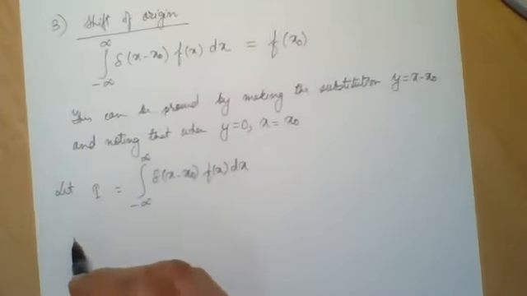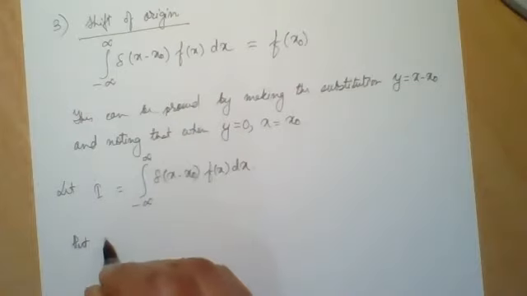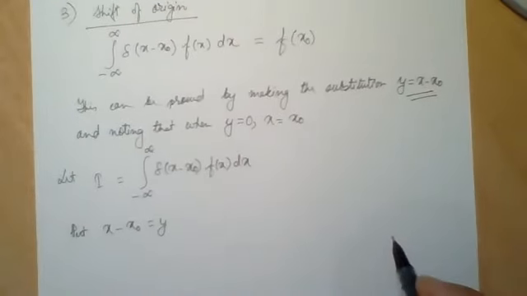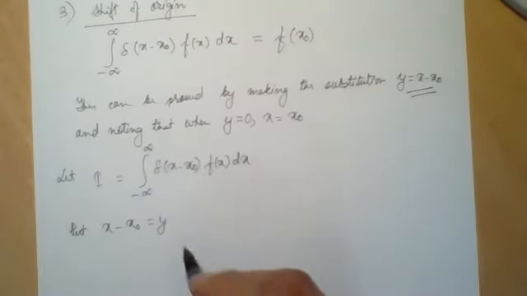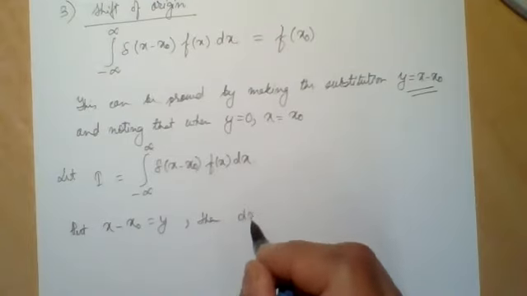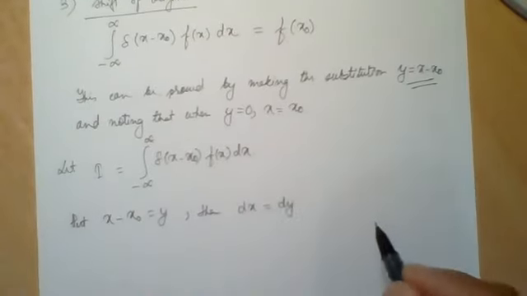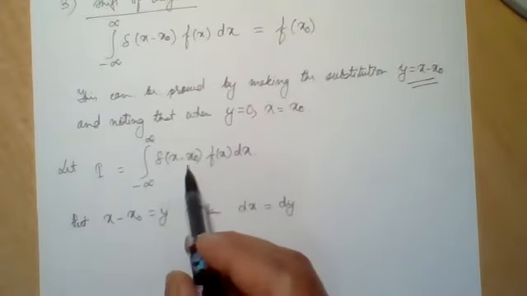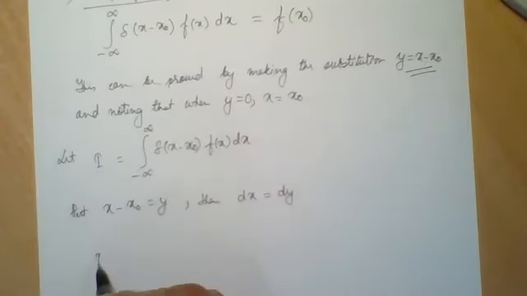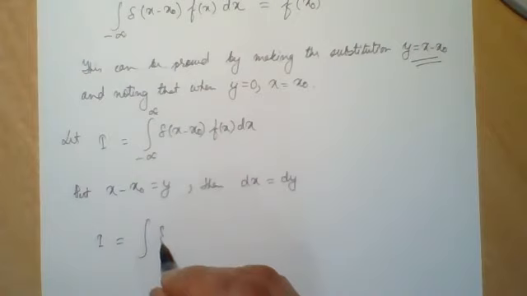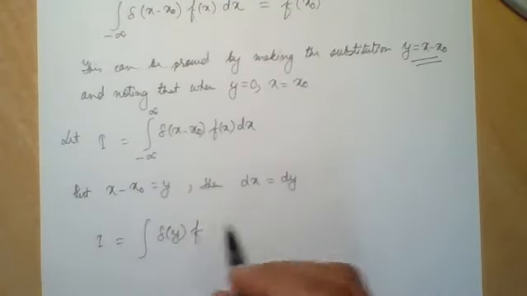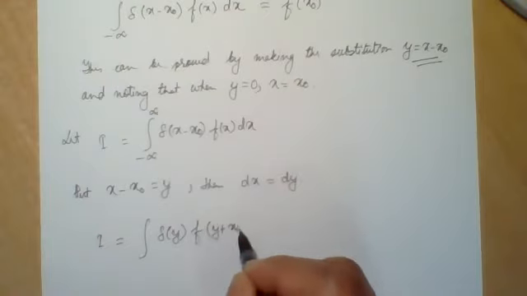Then put x minus x0 equal to y. Then dx is equal to dy. So in this integration, let us substitute x minus x0 equal to y. So the integral I becomes the integration of delta, where x minus x0 is now y, delta y, and f of x is f of y plus x0.